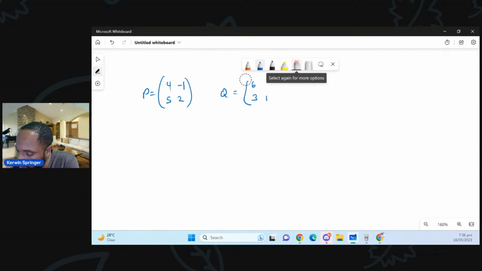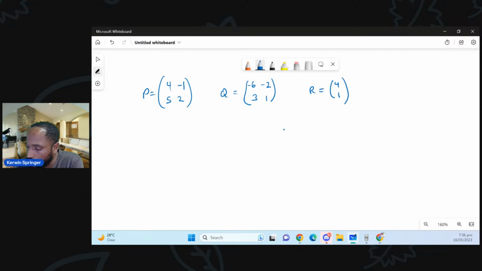Let's call this one P, 4, negative 1, 5, 2. Let's call it 6 and 3, negative 2, and I'll make the 6 negative as well. And let's say R is 4, 1. So, okay.